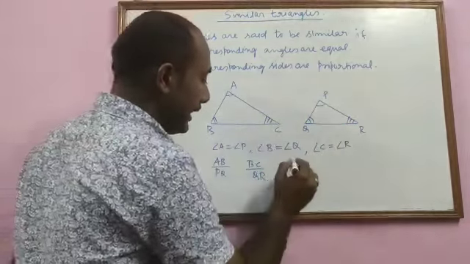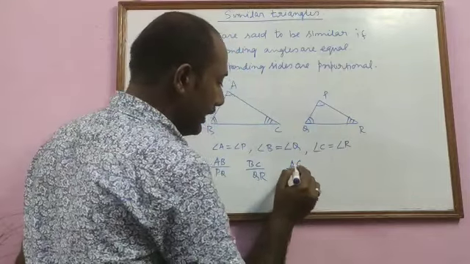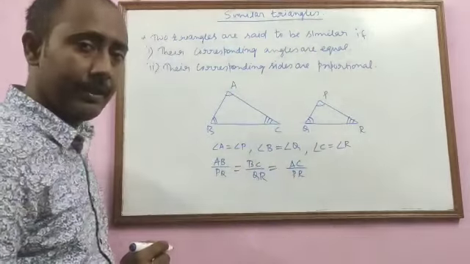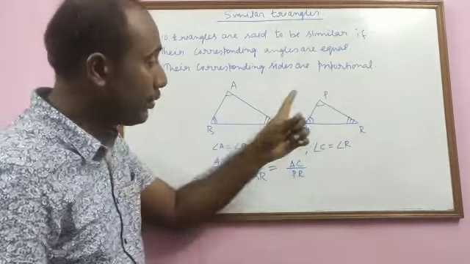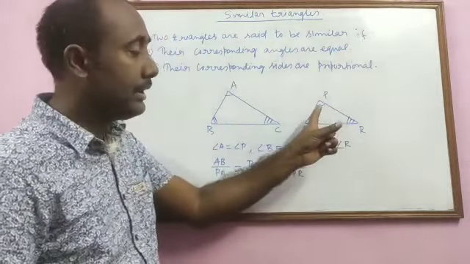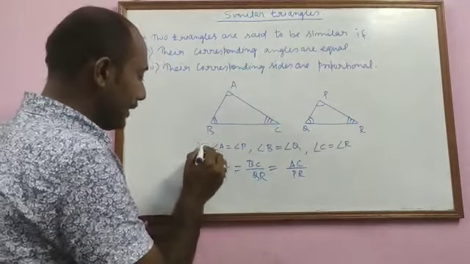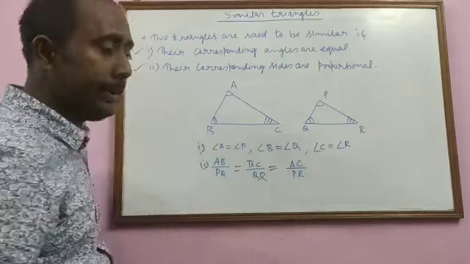And if I take side AC and compare it with side PR, I will get a ratio. If all these are equal, then we say that the three sides of this triangle are proportional to the three sides of the other triangle.